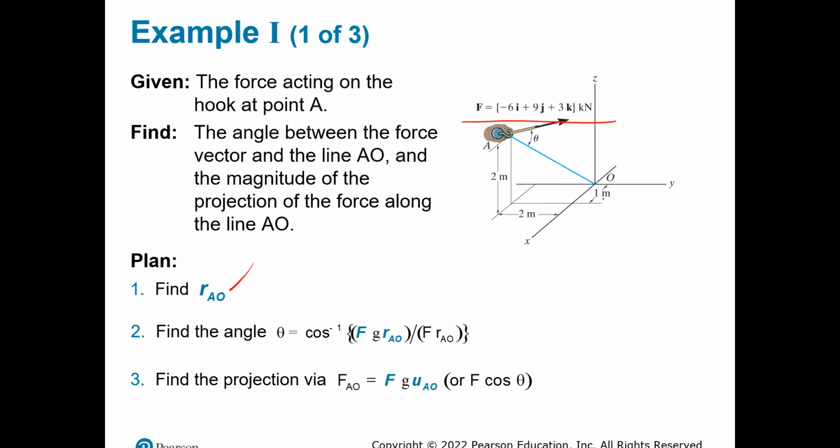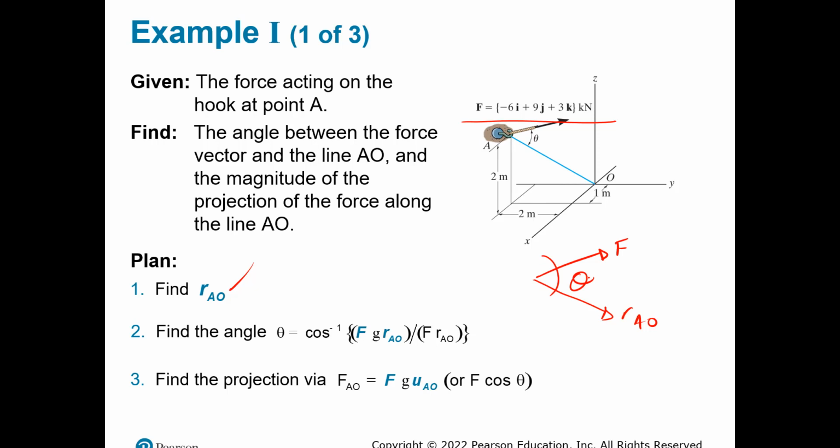So if we want to use what we just learned, we're going to find the position vector AO, so we can use that to find the angle. Why is that? Because we have two vectors: the vector force, and the position vector AO. What we're looking for is the angle between them. For that, we will use the dot product.